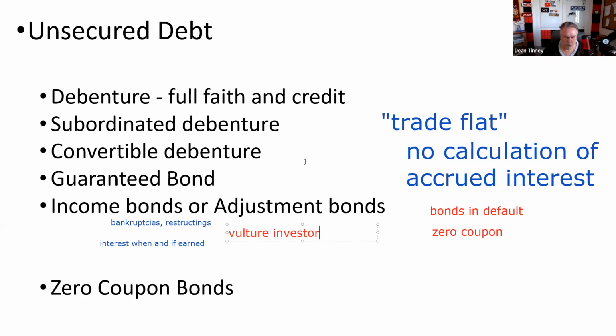As we said, zero coupon bonds, test question, have no call risk. As we said, they trade with no calculation of accrued interest. But one of the disadvantages of a zero coupon bond is you have to do straight line amortization upward. Not going to make you do that on the test. That's called accretion. And what kind of sucks about that is you're actually going to have to pay taxes on money you're not actually receiving.